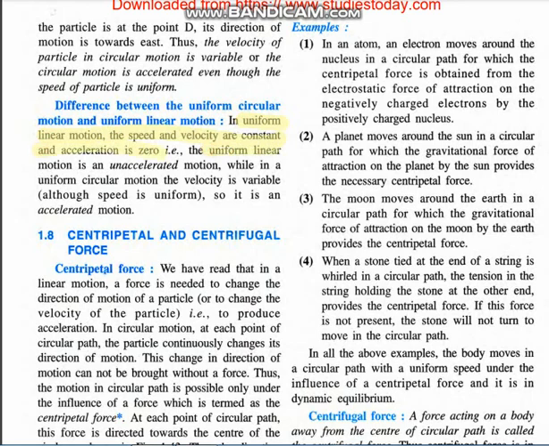It is also called unaccelerated motion. Then in uniform circular motion, the velocity is variable, speed is uniform, so it is also known as accelerated motion.